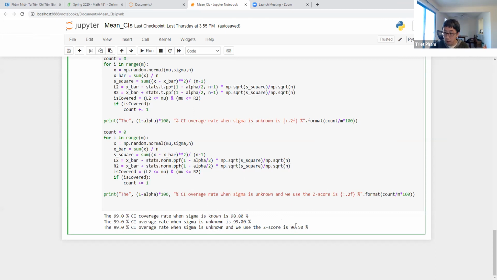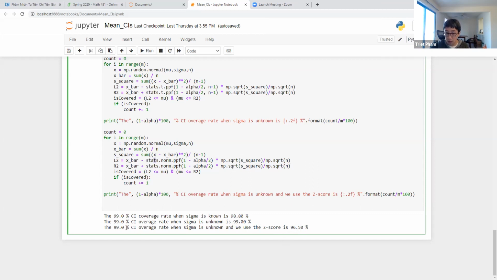Then you see that the coverage is not 99%, it's less because you use a smaller confidence interval. So in other words, you definitely need to use a t quantile, the t distribution, even if you replace sigma with s. If you use the z quantile, here norm, not t, then you will miss coverage. You will not cover as much as you think.